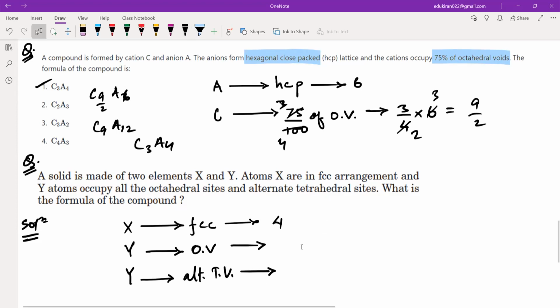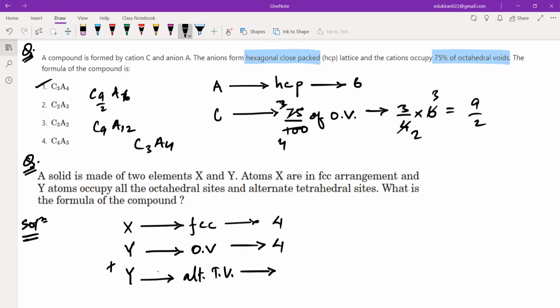Sir, I think Y is 3 upon 2. Octahedral voids will be 4, right? That is for sure, because we have to add both of these things.